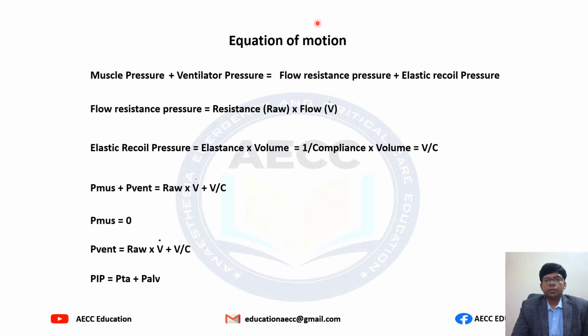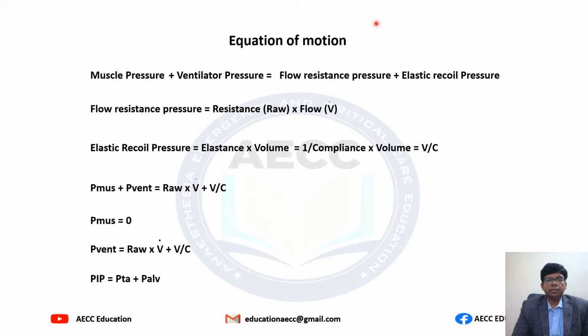Hence, the equation can be rewritten as: total pressure, that is muscle pressure plus ventilator pressure, is equal to the airway resistance times the flow plus volume by compliance.